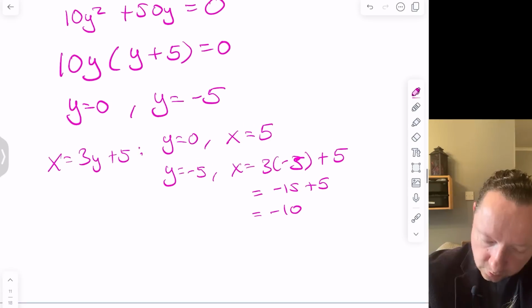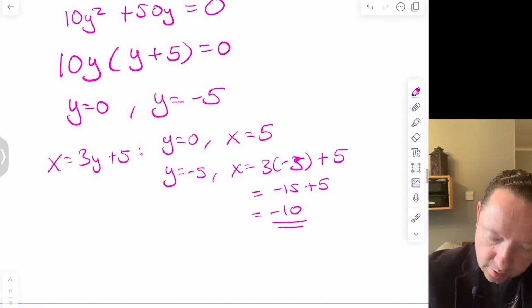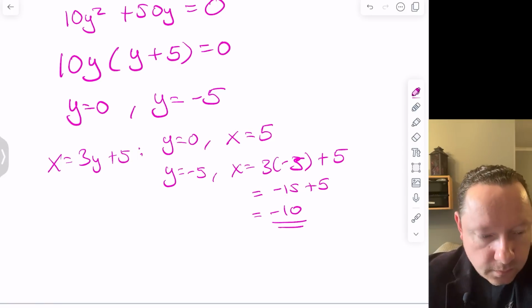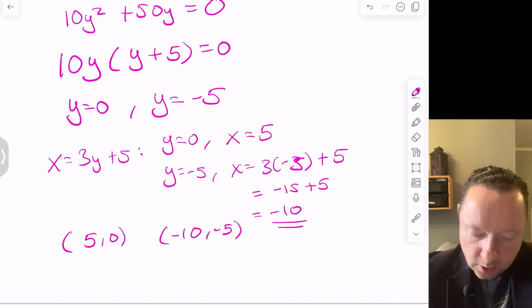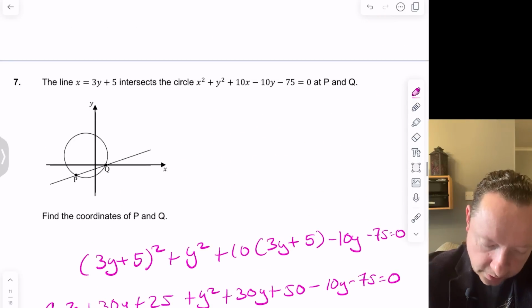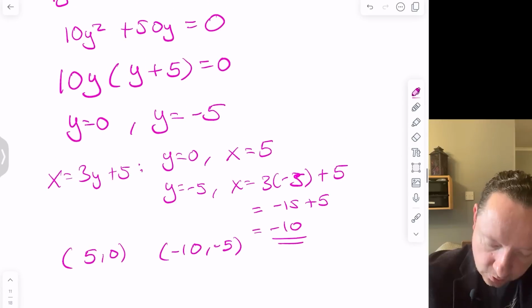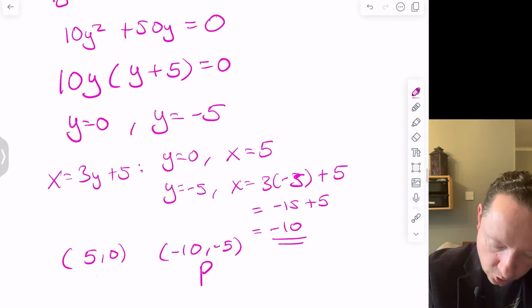So our points, remember points are (x, y). For the first one, we've got (5, 0). And for the other one, we've got (minus 10, minus 5). So what points are which? We're looking at this. The negative one's P on the x-axis. So that's P and that's Q.